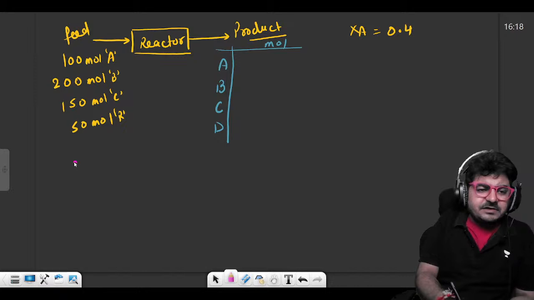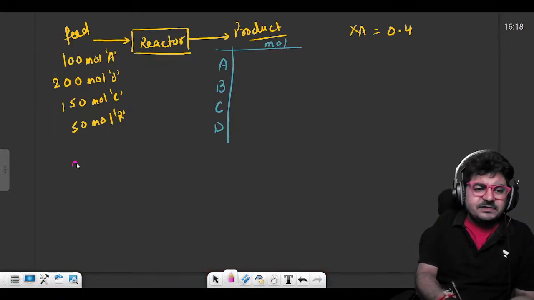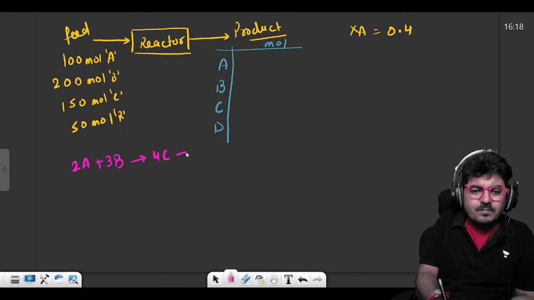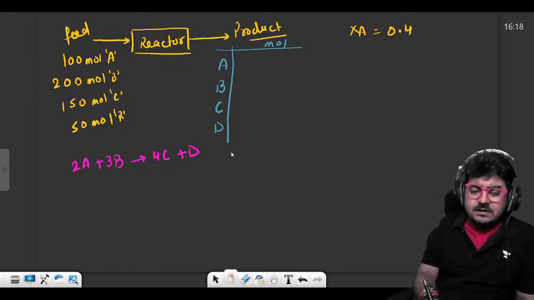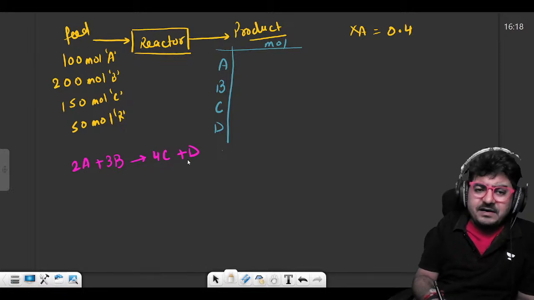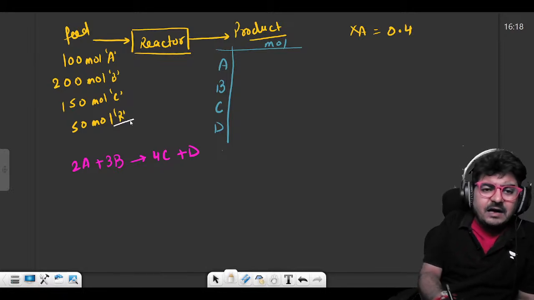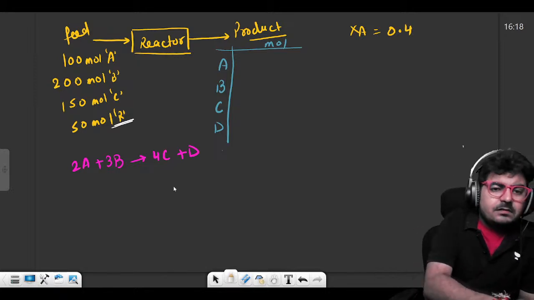As you can see, the reaction was 2A plus 3B gives 4C plus D. So in this reaction, A, B, C, D are participating, but in the feed, R is also given. So what is R?